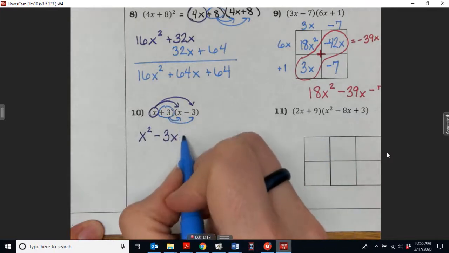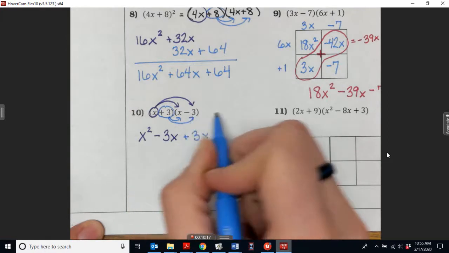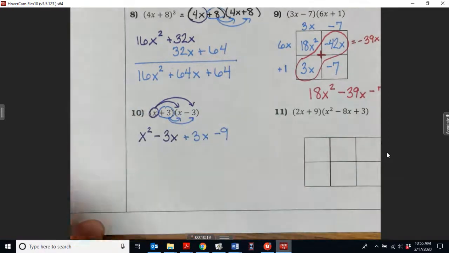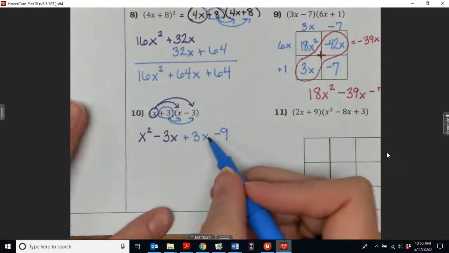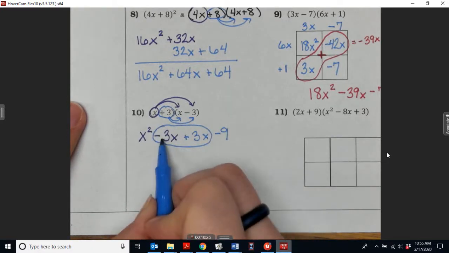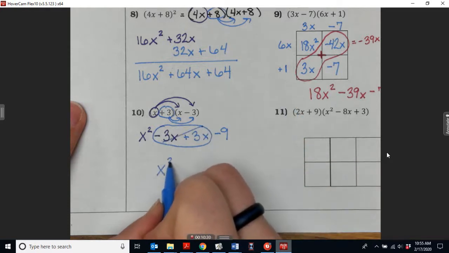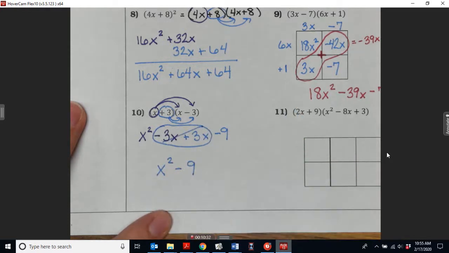So 3 times x is positive 3x, and 3 times negative 3 is negative 9. This time I don't know why I didn't line them up, but my middle terms, negative 3 plus 3, cancel out. And so I'm left with x squared minus 9.